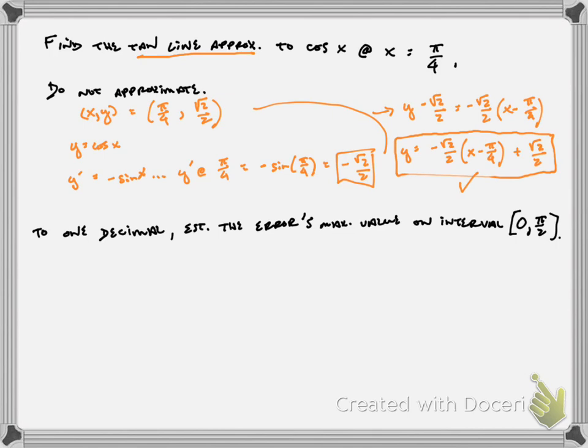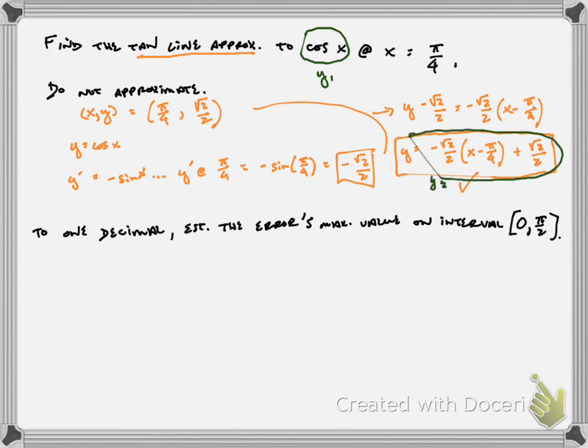Now, to 1 decimal, estimate the error's maximum value on the interval 0 to pi over 2. So I'm going to pause for a moment, but the next thing that you should do is graph these two functions. So again, graph the cosine of x as y1 and this line as y2.